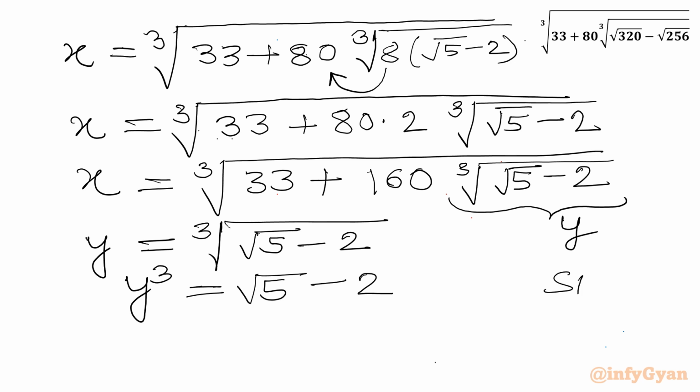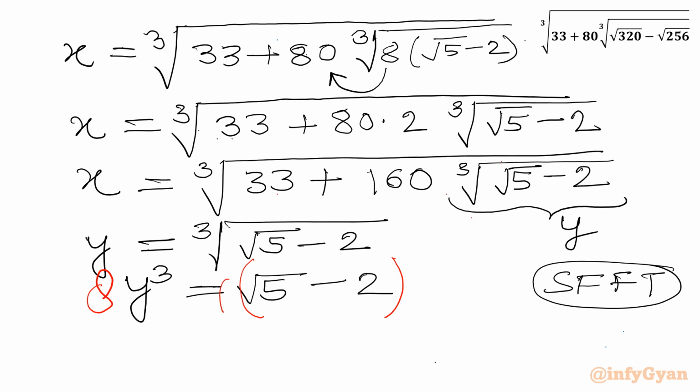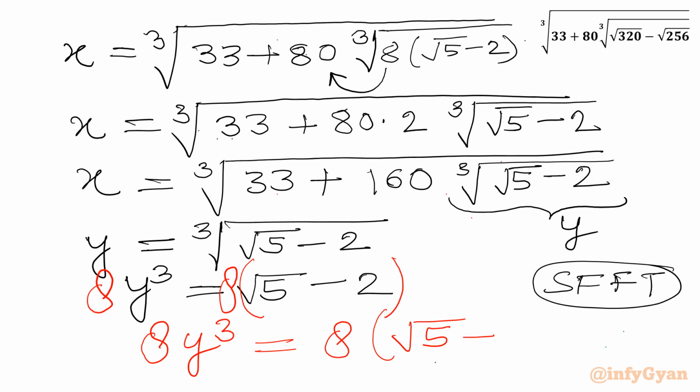Now I will use Simon's favorite factoring trick. So I need to multiply both sides by 8. So I will multiply here with 8, and the same in RHS. So I can write 8y cube equal to 8 times root 5 minus 2.